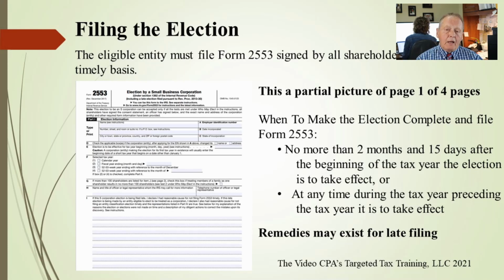There are some remedies that exist if you're late with your filing, so be aware of that, but it's better to file on time so you don't have to use one of these remedies. I'm showing you the first page of the 2553. Actually, there are 4 pages to this form, and on the pages after this is where each shareholder would have to sign to agree to be treated as an S-Corp.